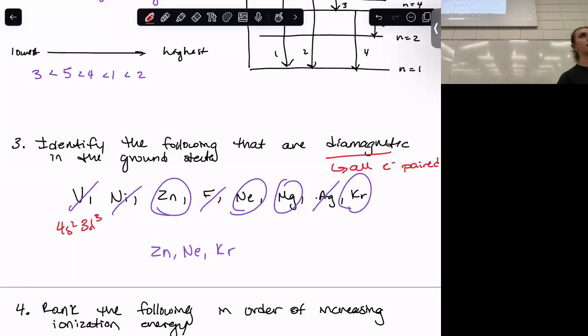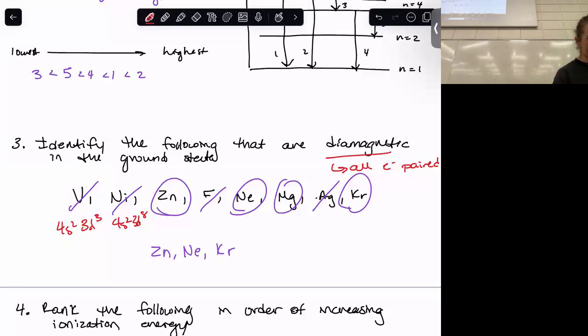Does that have paired or unpaired electrons? That's unpaired. Nickel is 4s2, 3d8. Is that paired or unpaired? We have some paired, some unpaired, but we do have some unpaired, right? In order to be diamagnetic, it needs to have all paired electrons. So that one doesn't count.